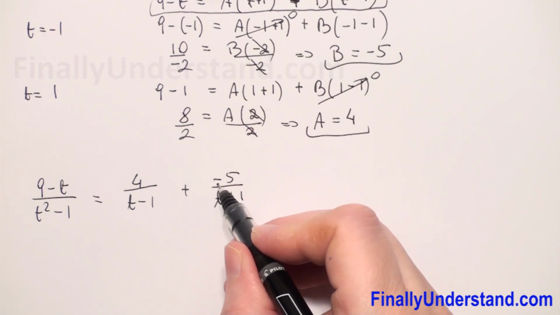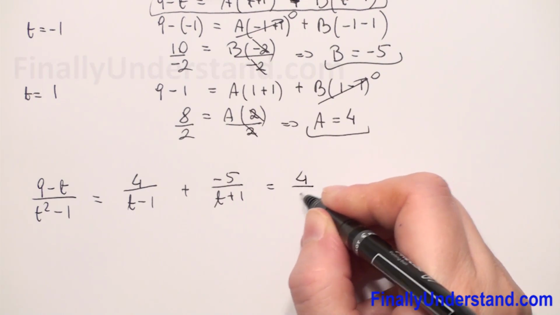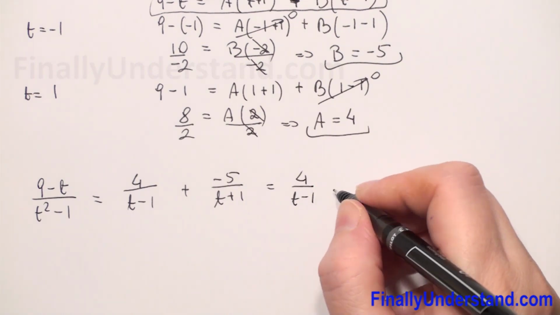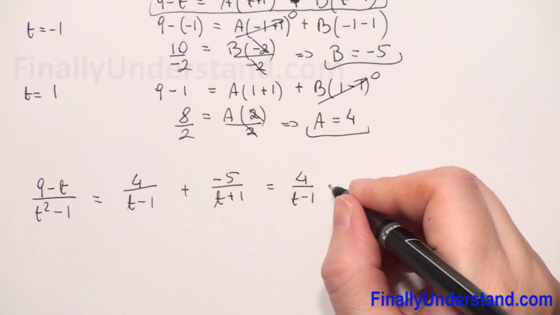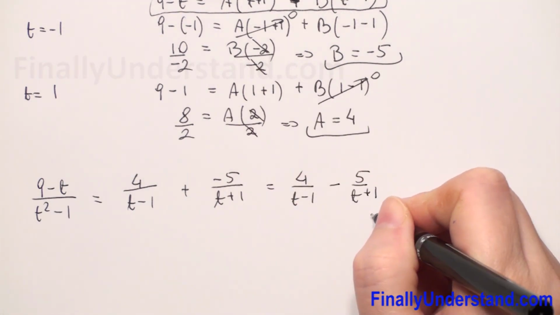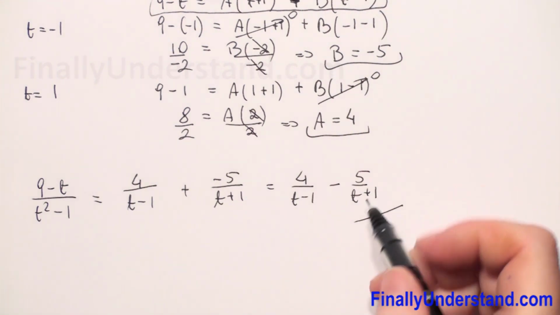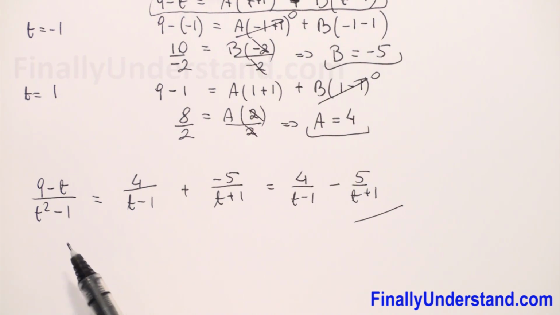Positive and negative, so we can rewrite the first partial fraction as 4 over t minus 1, and the second will be negative 5 over t plus 1. This is my solution. If you subtract these two fractions and combine like terms, you will get exactly the same as what we had at the beginning.